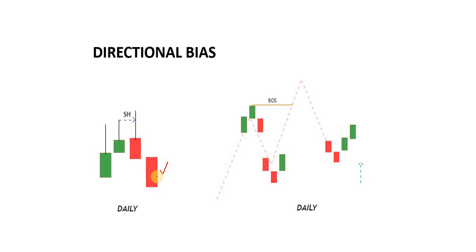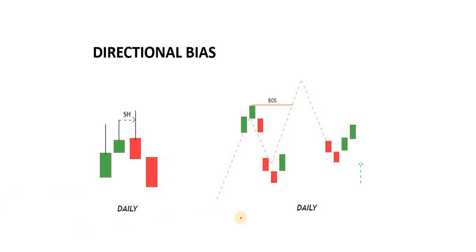The implication is that you start looking for opportunity to take sells. Okay? There are several additional things that you're supposed to do. But firstly, you need to know the bias. You need to have a bias and trade according to the bias. Alright?